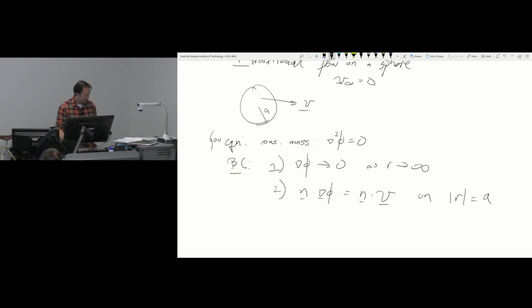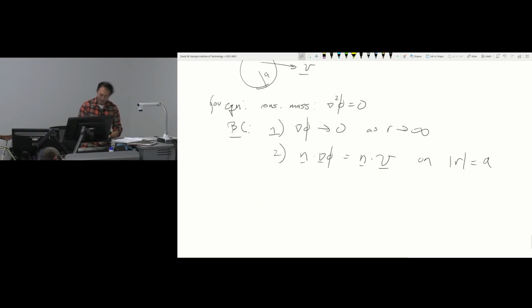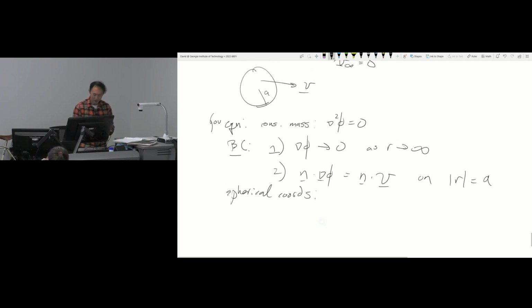So we're going to be using spherical coordinates. But the only direction that's going to really matter is, we're not solving conservation of linear momentum. We're basically just doing this equation.